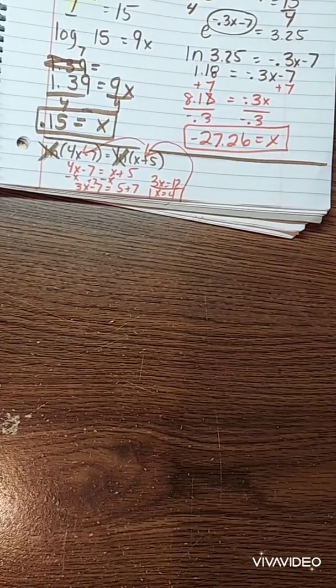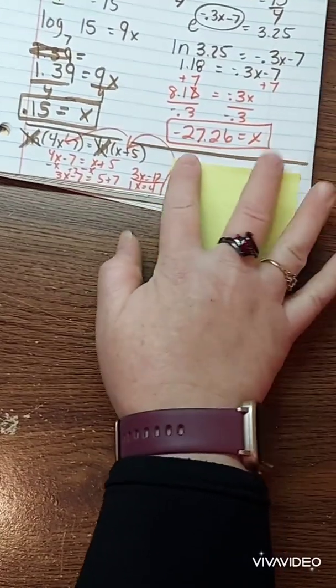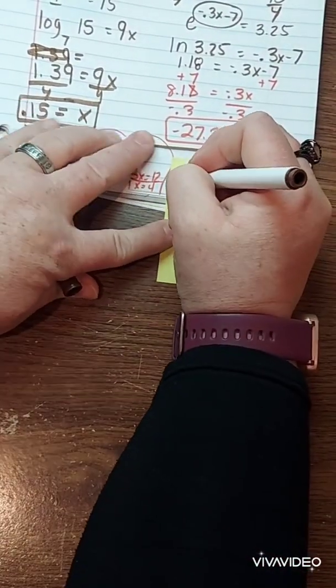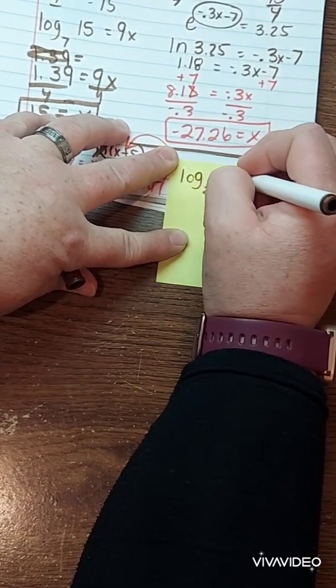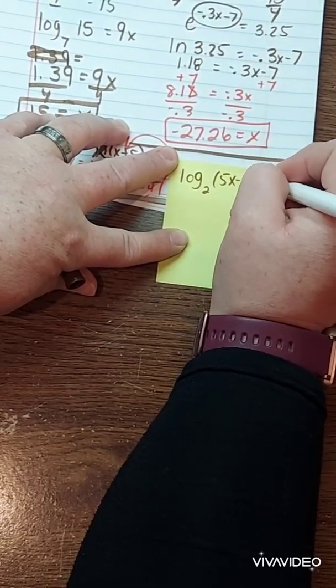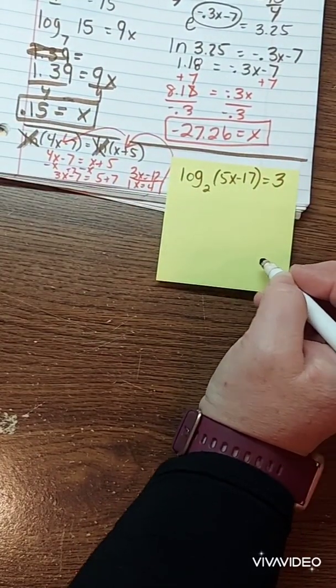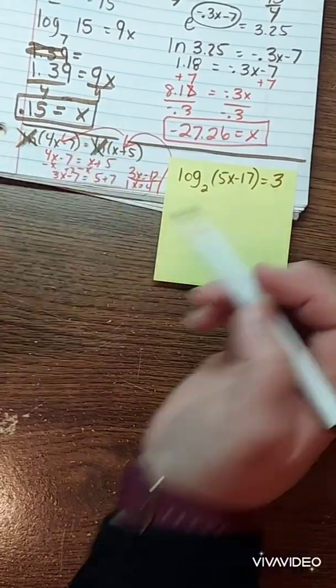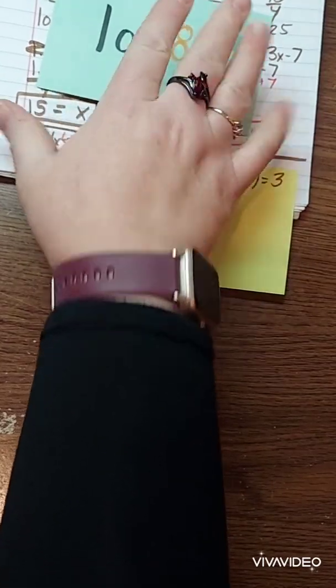The last one, I'm going to do a sticky note, but we did this and then the bell rang. The last one we did in this section was log base 2 of (5x minus 17) equals 3. Now, notice I gave you a log.